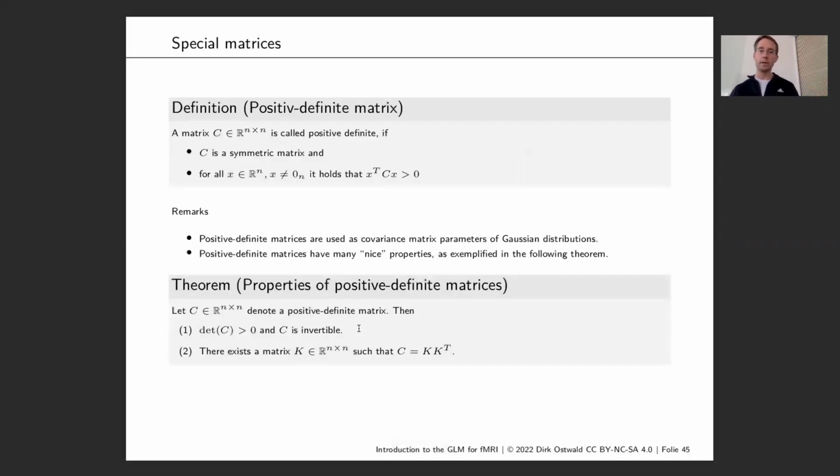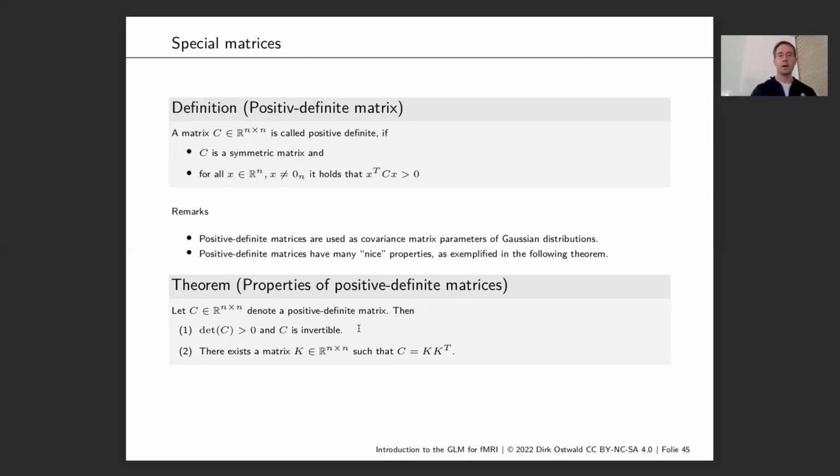And then one thing that we will also need, but where the theory is actually much deeper than we're going into here, is the notion of positive definite matrices. Because in Gaussians, the covariance matrices always need to be positive definite matrices. They cannot be not positive definite.